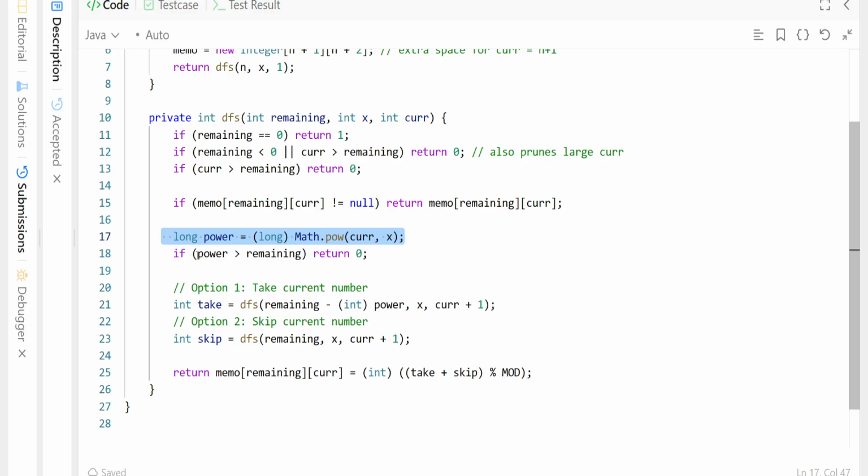You compute the power and check the power value. If it is greater than remaining, return 0. And for the two options I told you, you take the number or you skip the number, you add them with the mod, giving the number of ways, and you store it at each index.